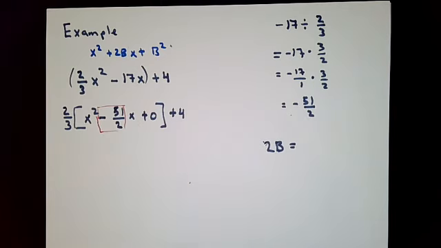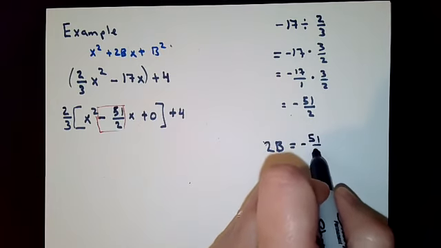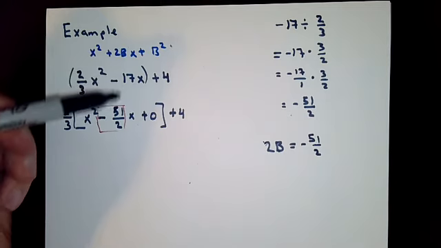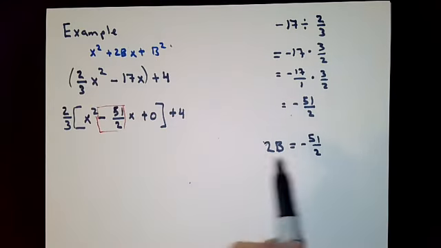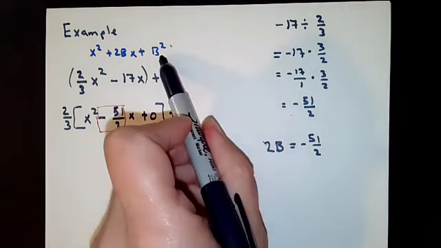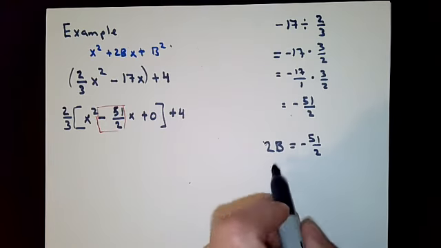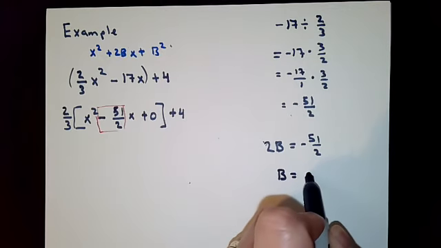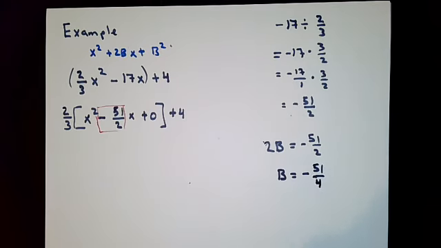So 2b is equal to a negative 51 over 2. And since we made that definition, the x terms match. Now we need to rewrite the 0. So we need b squared. So we're going to find b first. Multiply both sides by 1/2. And we will see that b is equal to a negative 51 over 4 when we get done with that.